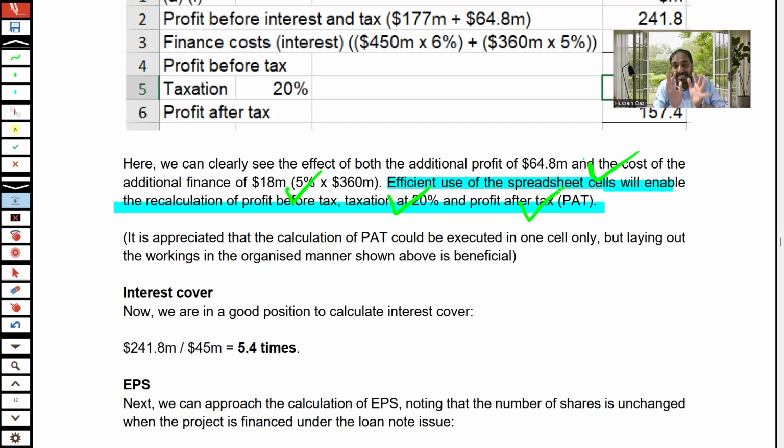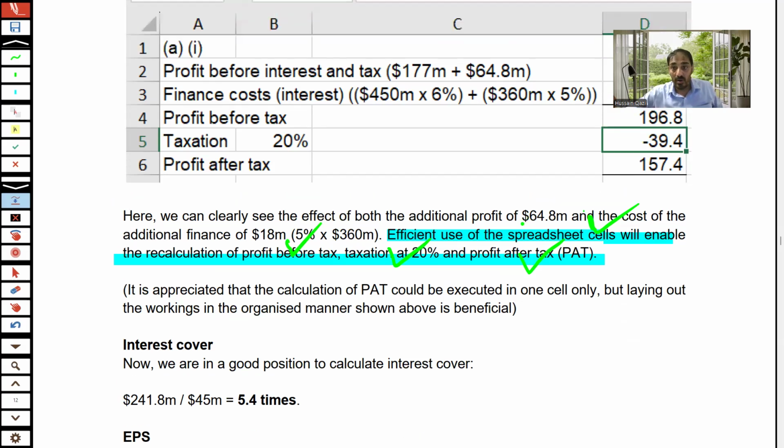Don't practice manually. Practice with the spreadsheet and apply the spreadsheet function. Some students make a blunder. For example, if they are working with a spreadsheet, they first calculate with a calculator and then plot the figure on the spreadsheet.